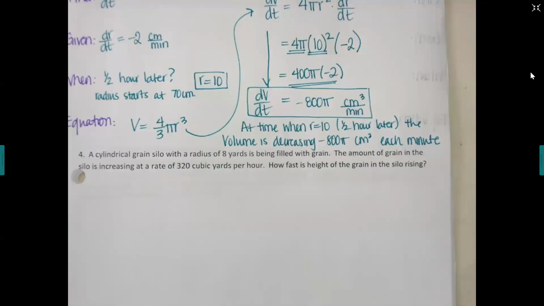Okay, so what are we finding? We're finding dA/dt. And then what rates were we given? dW/dt, it says the length is decreasing.